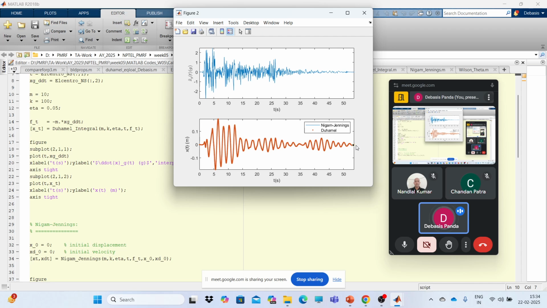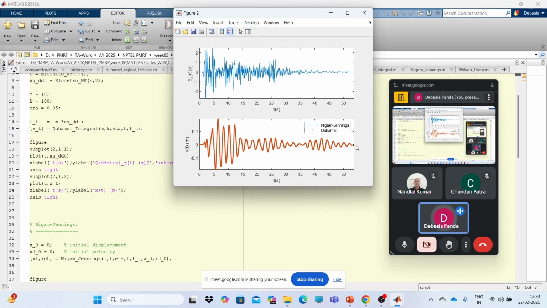Okay, so this is the Nigam-Jennings method. It's a very basic and useful method, but for different kinds of structures, we generally go for Newmark-β, or there is a popular numerical integration method which we call ODE45, which is nothing but a modified version of the Runge-Kutta method or RK4 method. So we will also talk about that.